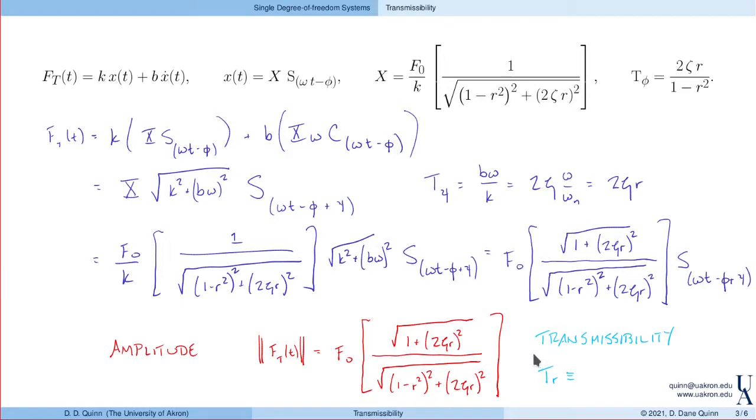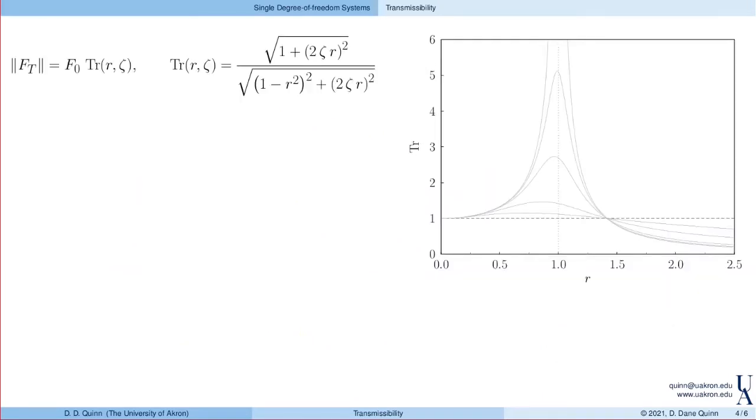And really what we see is that this transmissibility here is essentially the amplitude of the force transmitted divided by the amplitude of the applied load. So again, it has a physical interpretation. It's the ratio of the force transmitted to the applied force. I really want to look at that in some additional detail, right? So here again, we have the force transmitted is the applied load times the transmissibility.